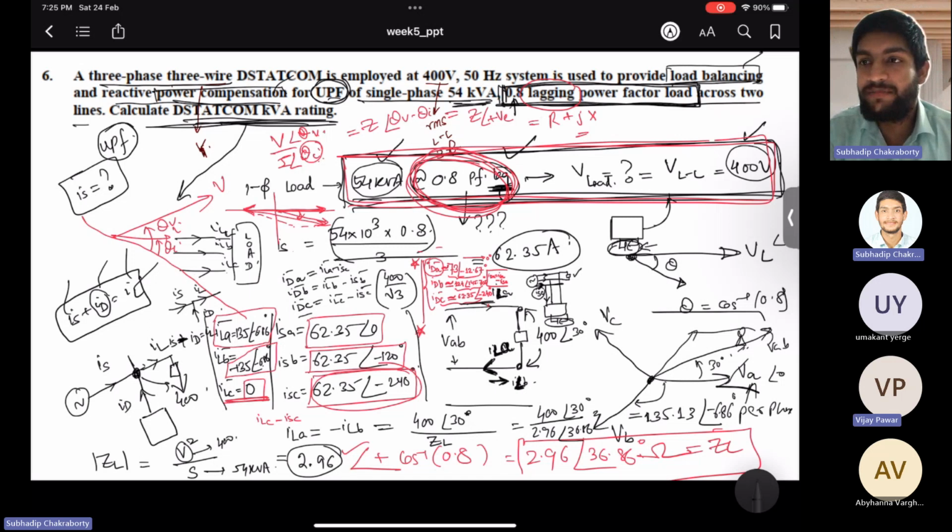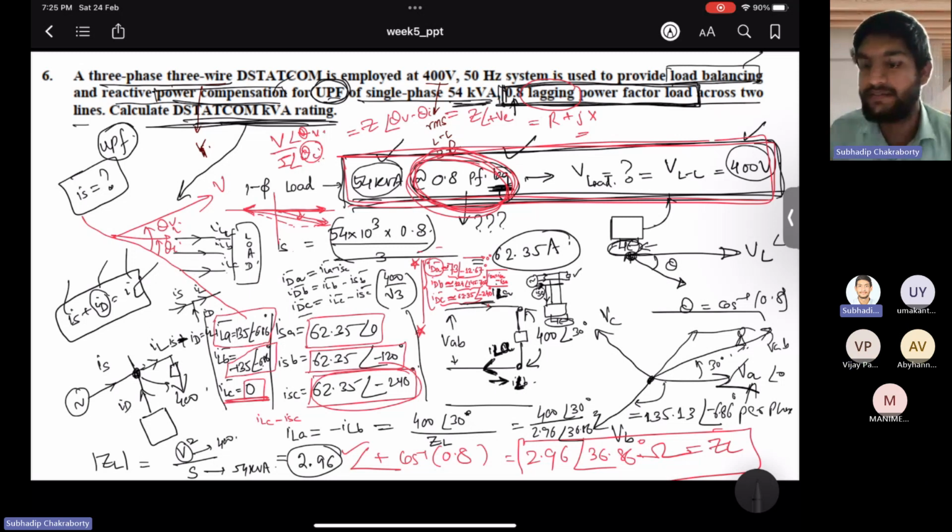In order to push active power, someone has to inject active power. Otherwise, where from will it supply the active power? Otherwise, the supply will have to provide. In such a self-supported case, it cannot take the active power from the supply because the load is not there. However, you want the load balancing. In that case, you are demanding active power from the DSTATCOM. So in such cases, it is not possible. It would have been possible if it was only reactive power compensation.